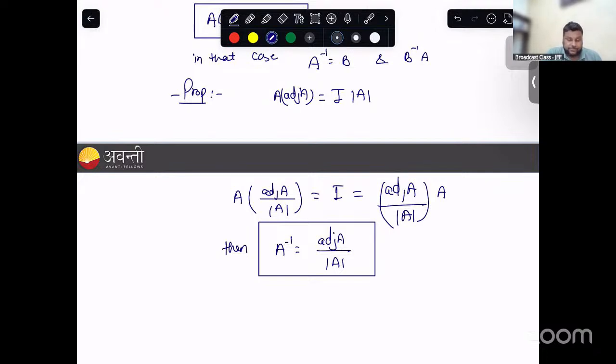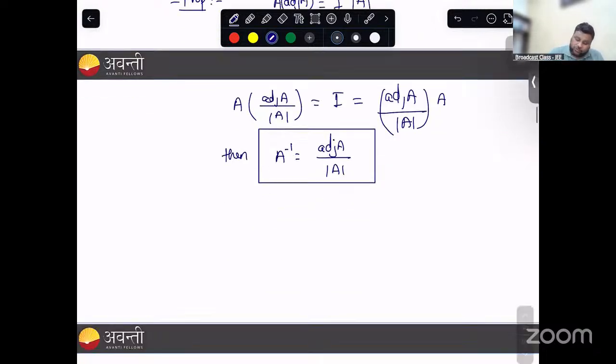All right. Am I clear? So A inverse is adjoint A upon determinant of A.